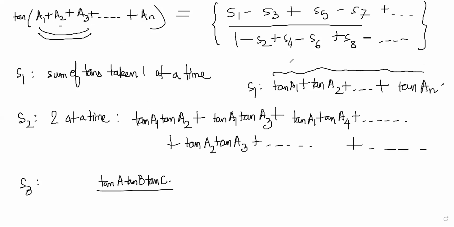So remember now, look at the previous formula for tan of A plus B plus C and see that it will be S1 minus S3 by 1 minus S2. Because 4 and 5 cannot come, as there are only three angles. So see that the formula fits that pattern, S1 minus S3 by 1 minus S2.